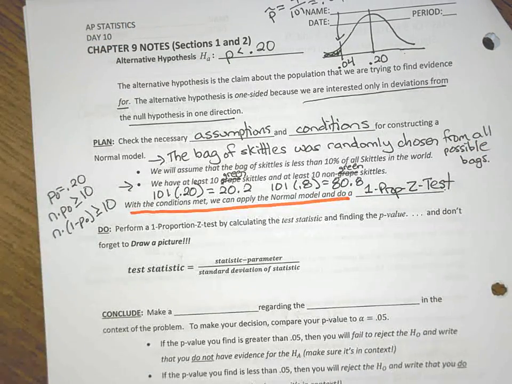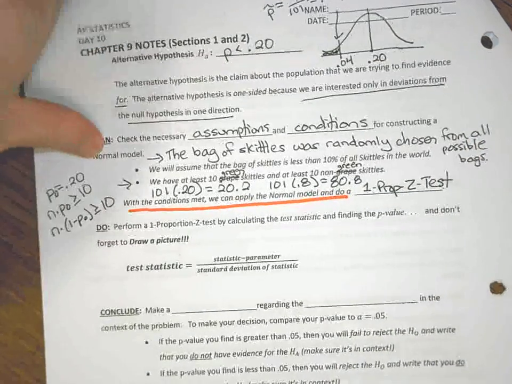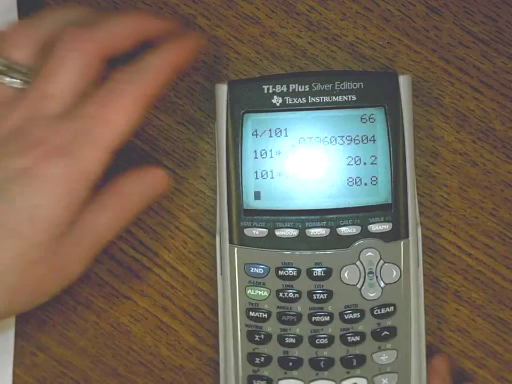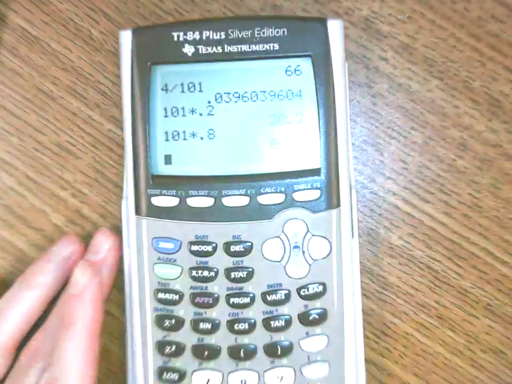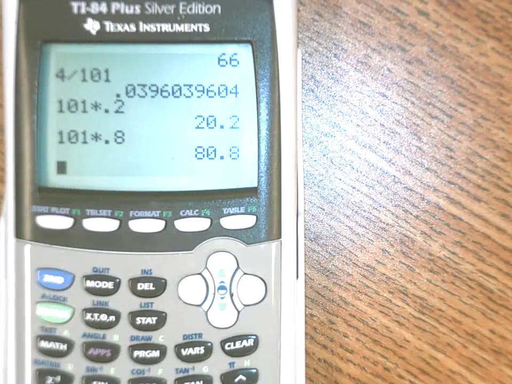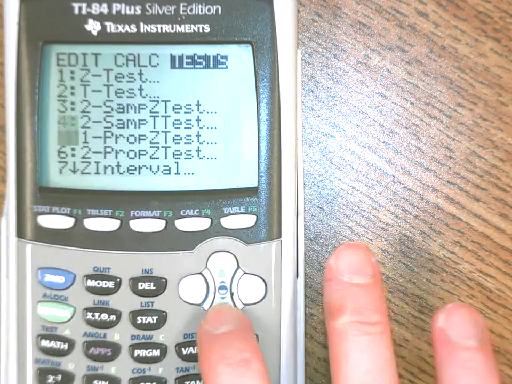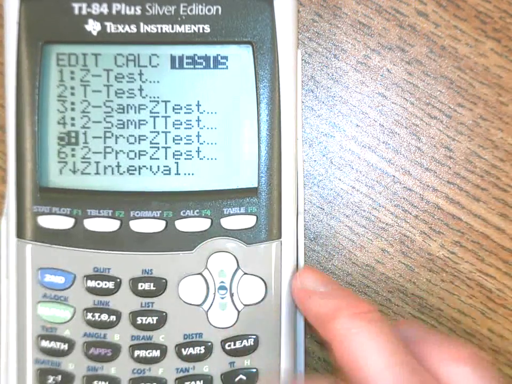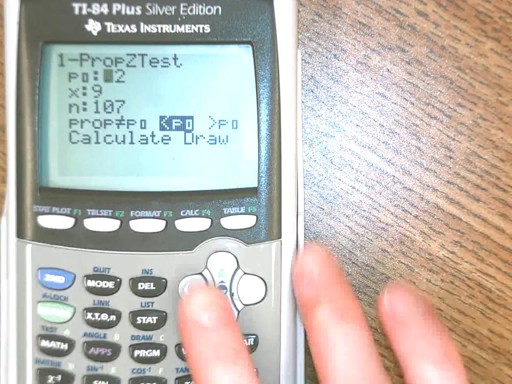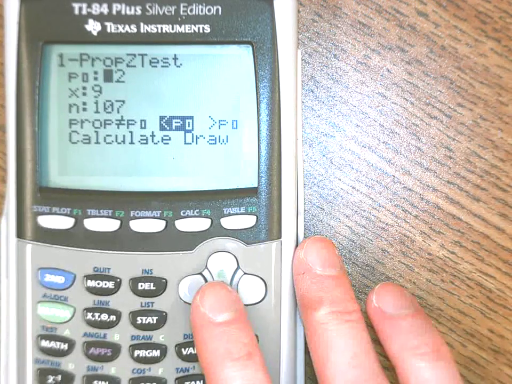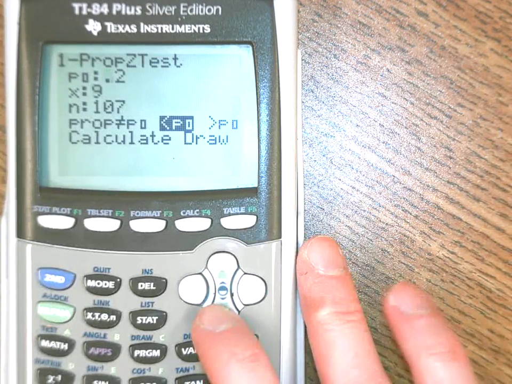Okay, so now we're actually going to go into the calculator. I can get it so it's not glaring on you guys. Here we go, I'll stick it over here. So I'm going to hit stat, go over to test. It's number 5. And the p subscript 0, it's also in your calculator, it's 0.2.